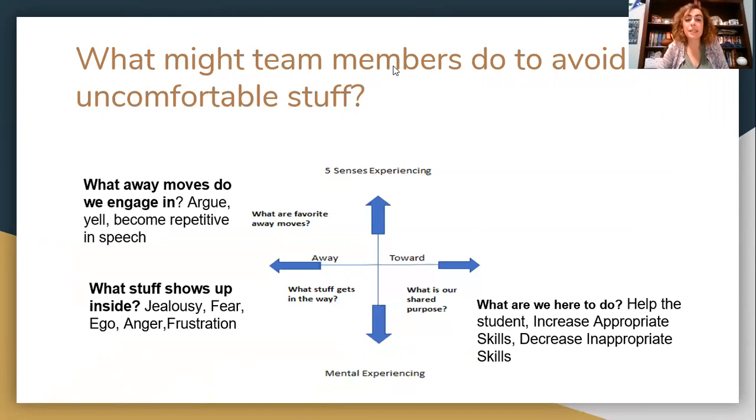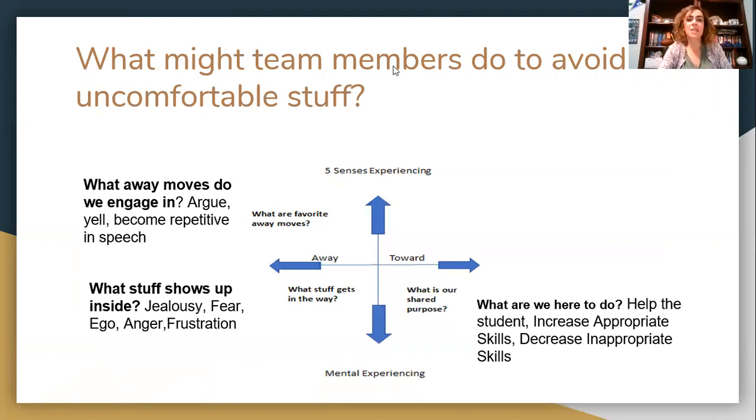There are raised voices, banging on the table, people throwing reports at one another. And sometimes people can become repetitive in speech. What I mean by that is they are so stuck on getting their point across that whenever it's their turn to speak, or they become interruptive, they just repeat their idea over and over again without taking notice of what anybody else has said, right?